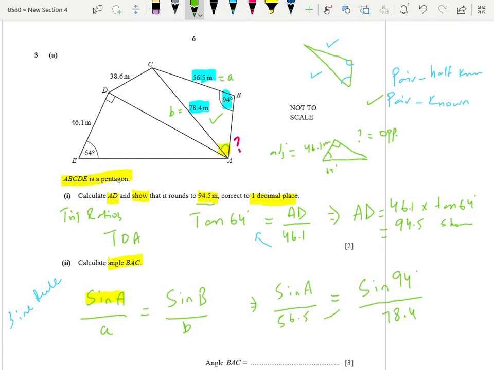And you just have to shift this 56.5 to the other side so that you have sine A equals sine of 94 times 56.5 divided by 78.4. Put it on the calculator. Sine of 94 multiplied by 56.5 and then divided by 78.4.